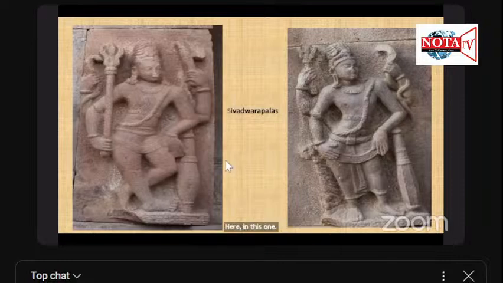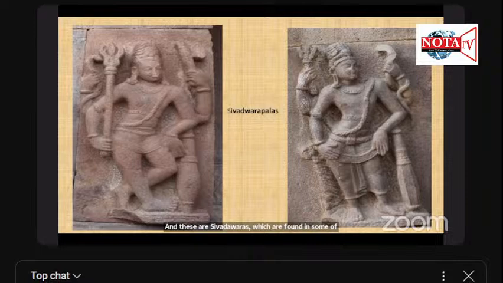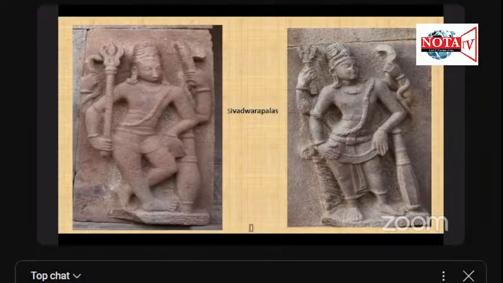And these are Sivadwarapalas, which are found in some of the temples of Navabrahmas. Unfortunately, some of these sculptures are effaced. There were Muslim invasions, and we also found a mosque near the temple complex. Because of these Muslim invasions, most of these sculptures were effaced.